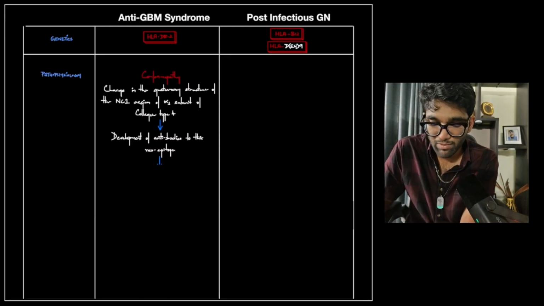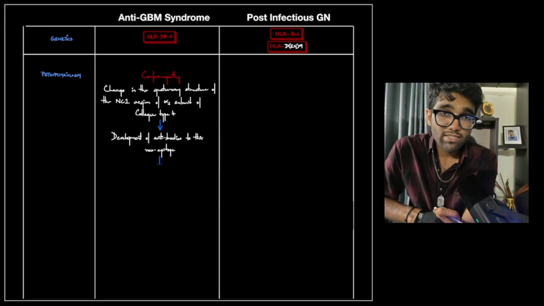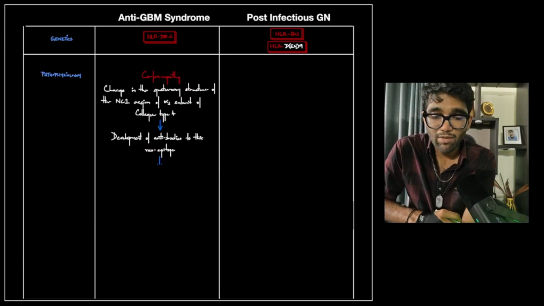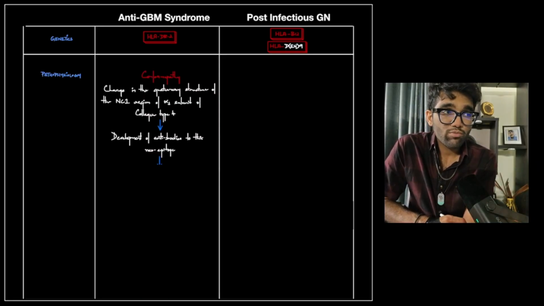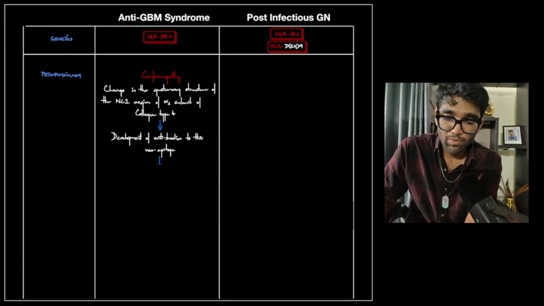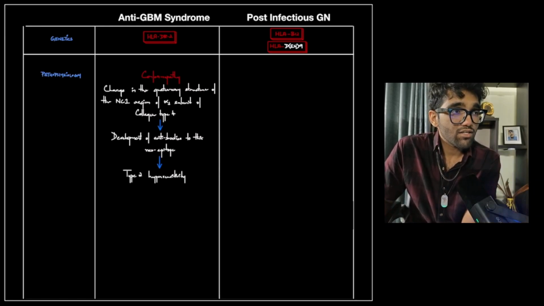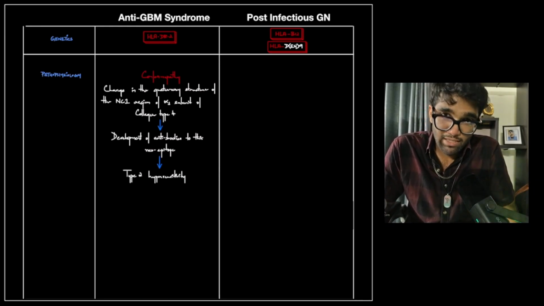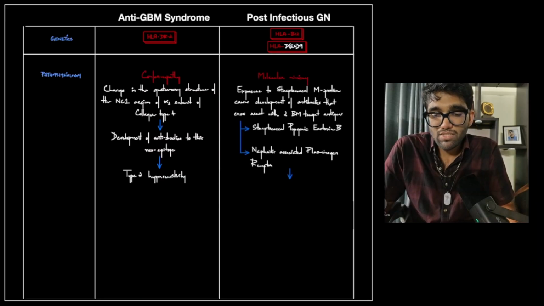During development, developing thymocytes have not been negatively selected against it, so you have some thymocytes that can potentially develop an autoimmune reaction against this new epitope, and that does happen. As a result, you develop antibodies that then get deposited in the basement membrane, and you get a type 2 hypersensitivity.